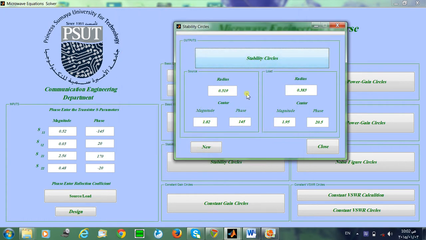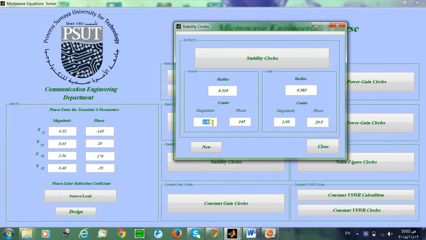We press on stability circle and we have the input stability circle and the output stability circle, with the radius, magnitude and phase. The magnitude is how far the center of the stability circle is from the origin in the Smith chart, and the radius is the radius of the circle. First we're going to draw the input stability circle.